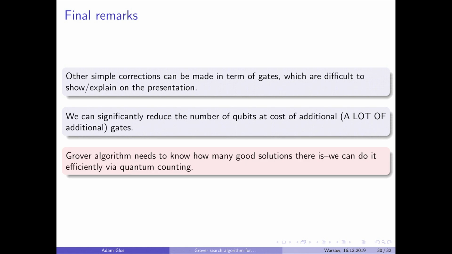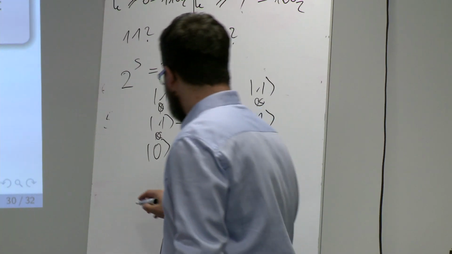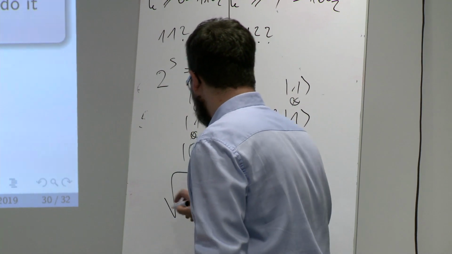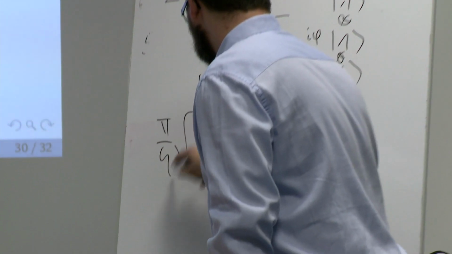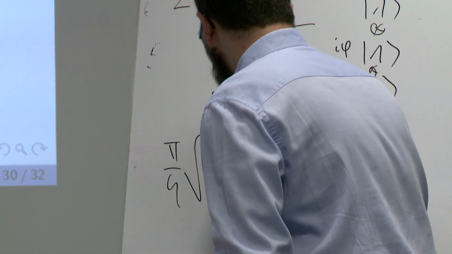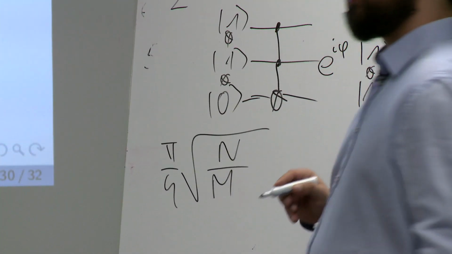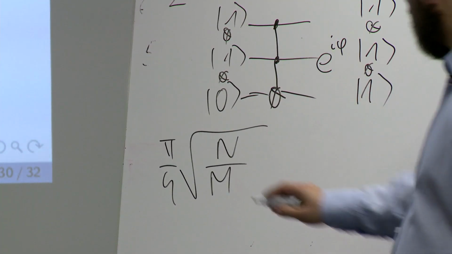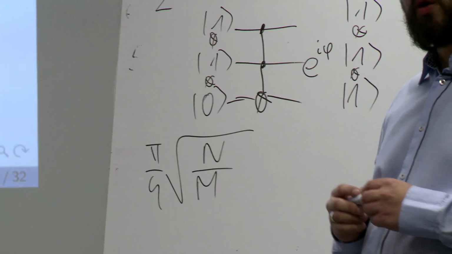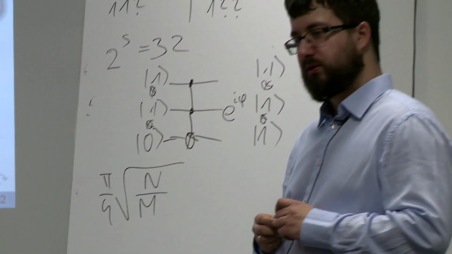The third thing is about Grover, because I mentioned it a little bit before. The Grover algorithm requires a certain number of oracle repetitions, where M is the number of marked solutions.